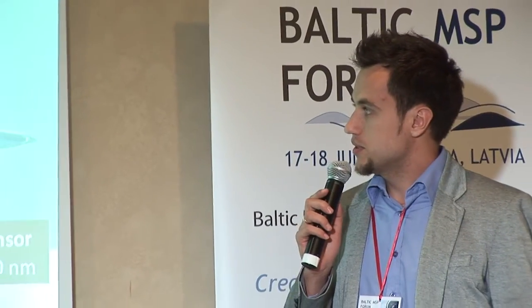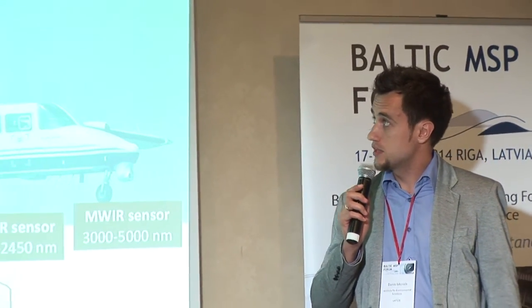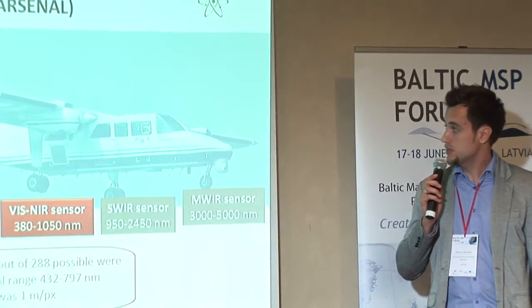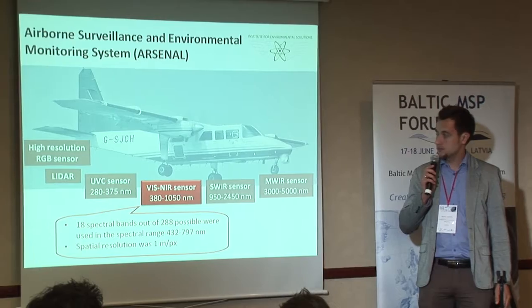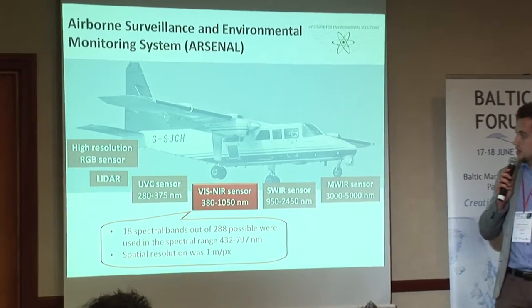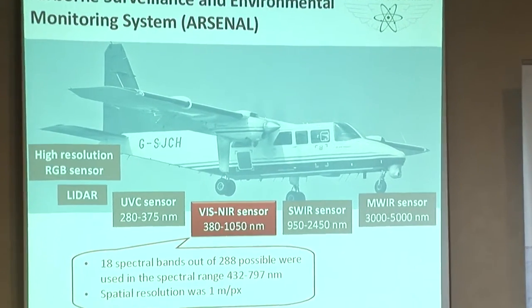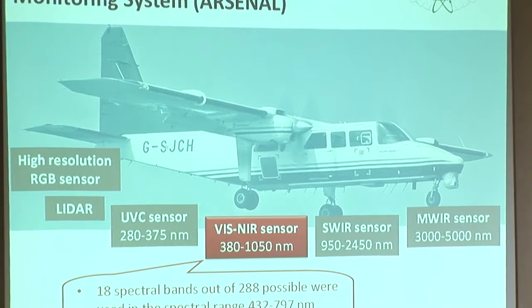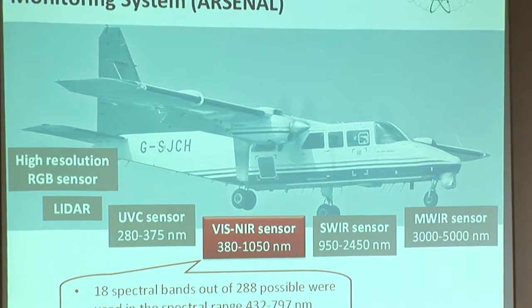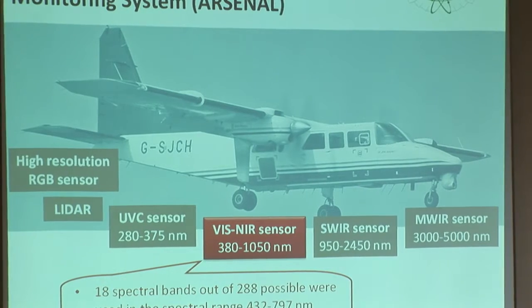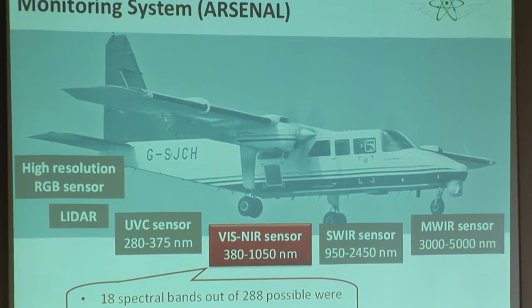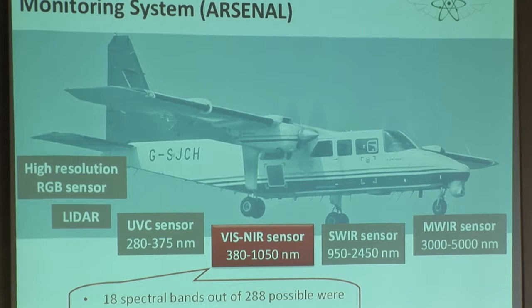In our institute, we have access to an airborne laboratory, which is equipped with plenty of sensors, starting from high-resolution RGB sensors, LiDARs, and different spectral sensors from UV range to infrared, and also including thermal spectral range.